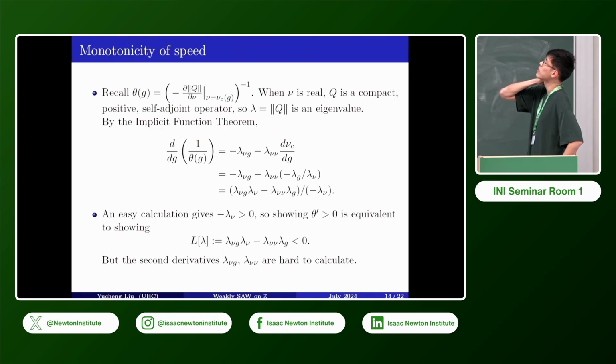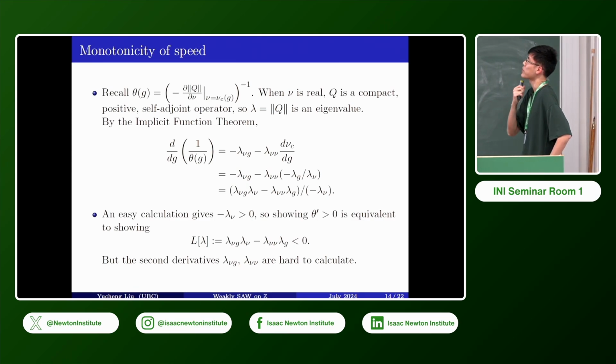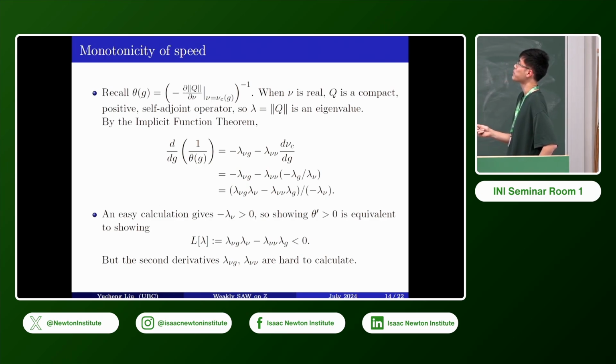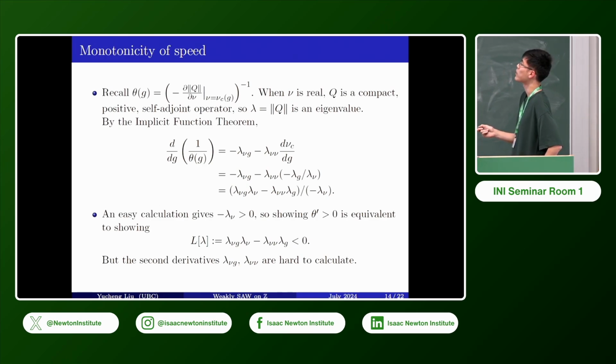And to prove the monotonicity of the speed, I will differentiate my theta of g using the implicit function theorem. So this is some calculus. I should differentiate and get some mixed derivatives. First of all, the inverse of theta of g is just the derivative of the norm of q in nu.